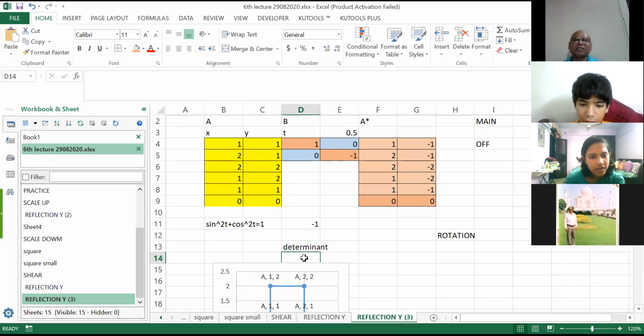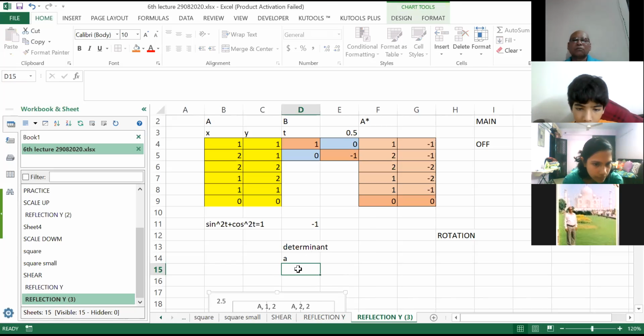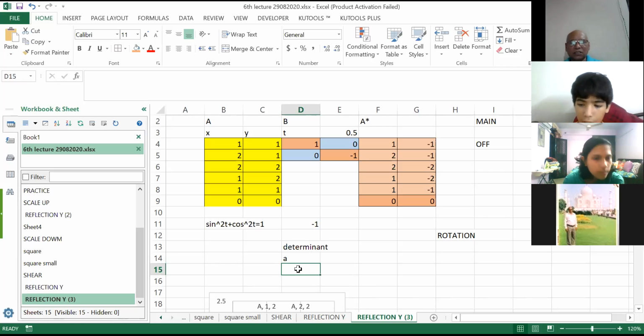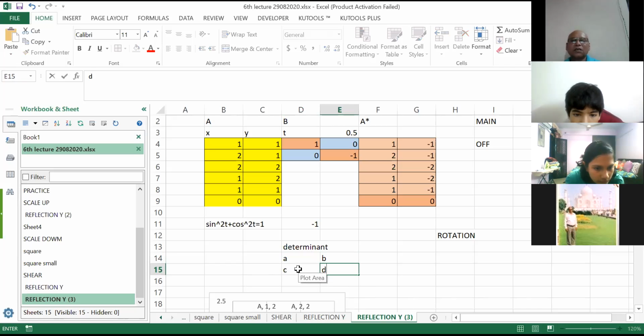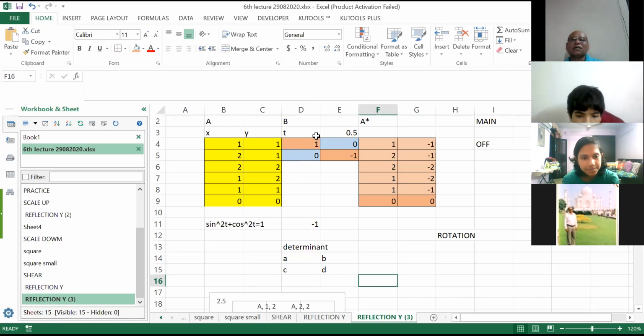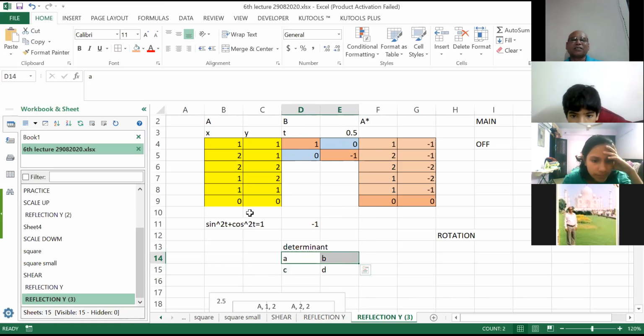In a determinant, suppose your cells are A, B, C, D. This is A, this is B, this is C, and this is D. They are four elements, so this is your matrix or transformation matrix.